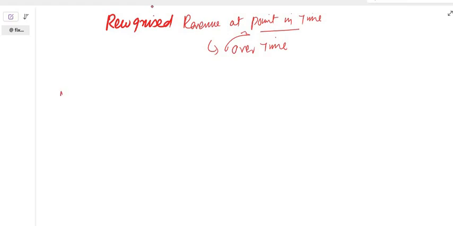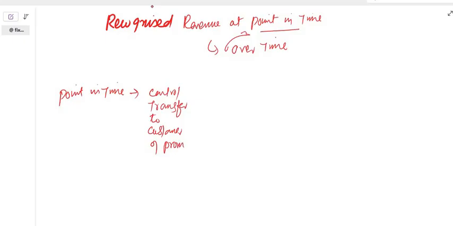And by point in time, we mean that control of the promised goods and services is transferred to the customer. Now how will you know that control is transferred?